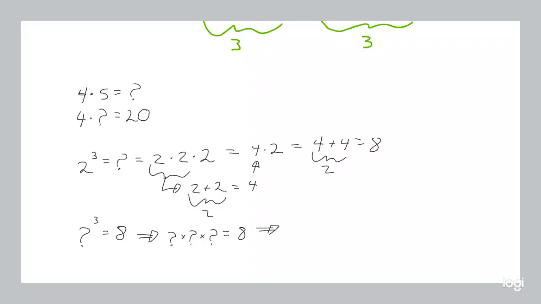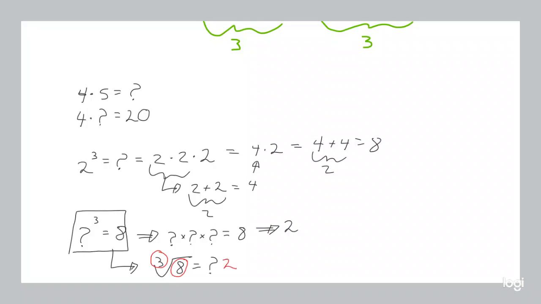And you can scratch your head and think about it and realize, okay, well, that answer is 2. Now, how do we write this so that the question mark is on its own? Well, how you write it is the cube root of 8 equals what? Okay? And what that means is, what do I have to multiply by itself 3 times in order to get 8? Well, the answer is 2.